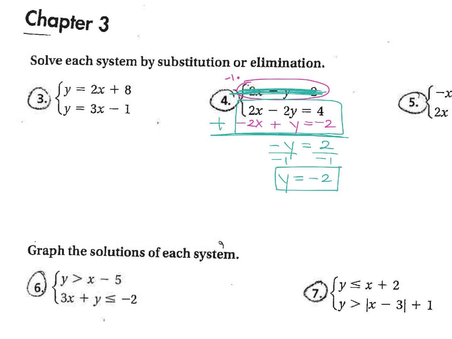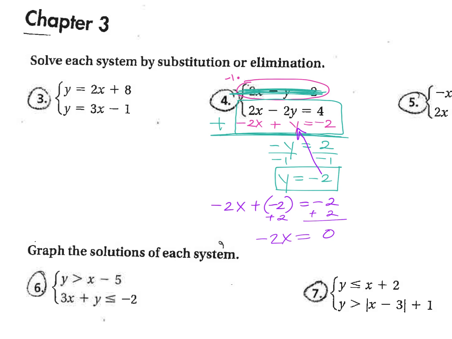And then you plug it in. I would probably plug it into this bottom one here. You don't have to. You can plug it into either one. Negative 2x plus a negative 2, so you could say minus 2 if you want, equals negative 2. So I'm going to add 2 to both sides, and I get a negative 2x equals 0. For some reason, this always freaks people out.